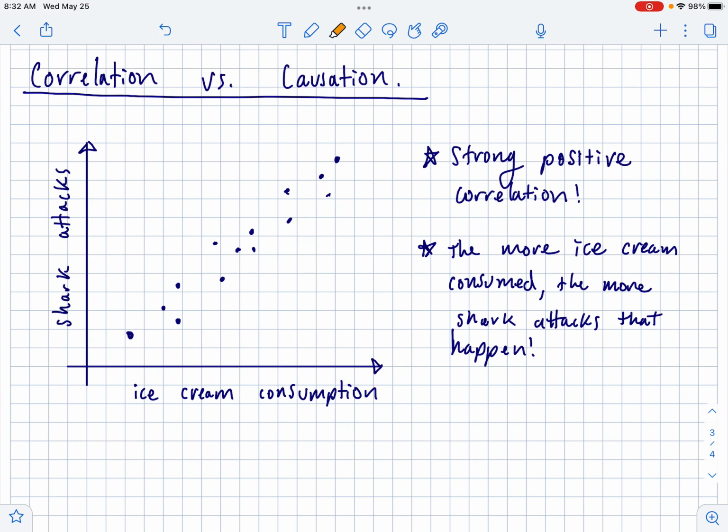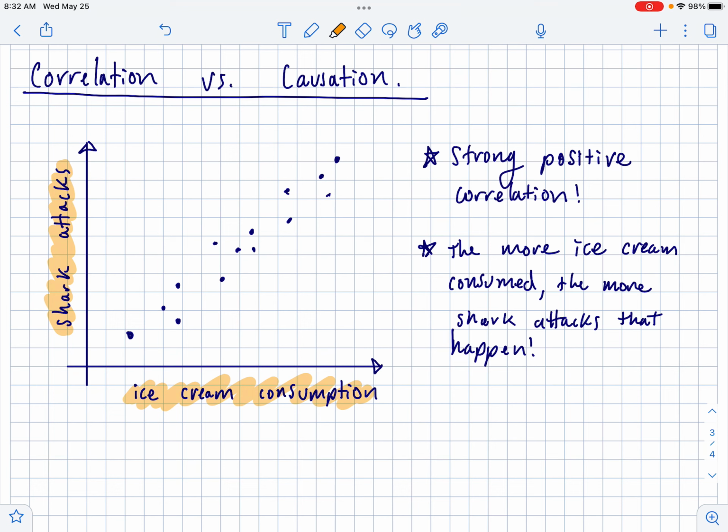Before we do that, though, we do want to talk very quickly about correlation versus causation. One of my favorite data sets of all time is a real life correlation, which is 100% true. If you look at towns on the coast of any part of the world, the more ice cream that's sold in that town, the more shark attacks there will also be.